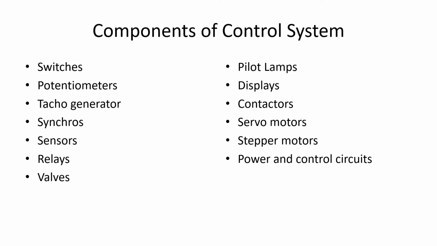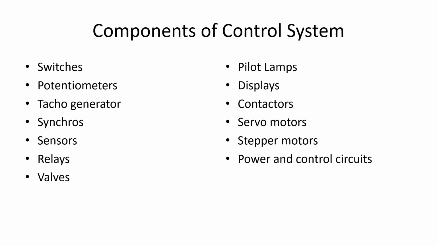The tacho generator, synchros and sensors act as sensors. Apart from this, a lot of other feedback elements are there. Then we have valves, pilot lamps, displays, contactors, servo motors and stepper motors. The lamps and displays are display devices for indication, and the rest are actuators.